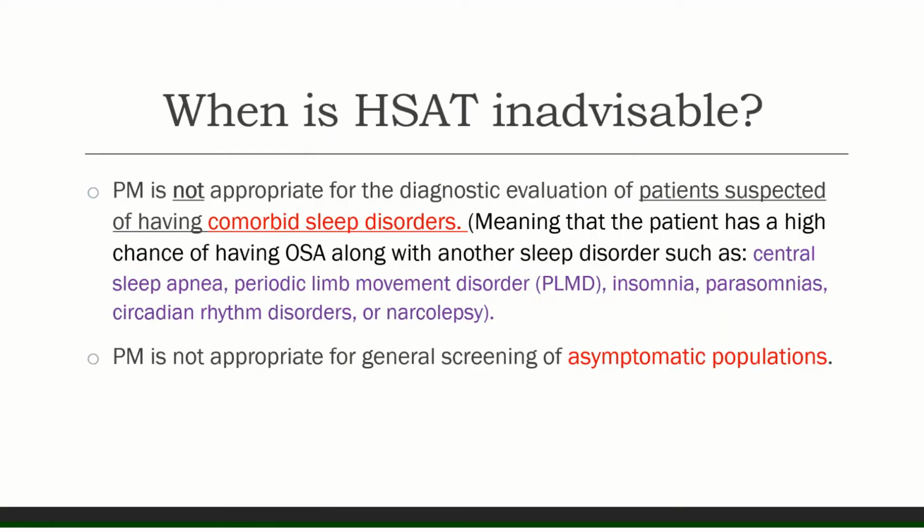All right, when is Hsat inadvisable? So when will we not use Hsat, aka portable monitoring? It's not appropriate for the diagnostic evaluation of patients that are suspected of having comorbid sleep disorders. So a comorbid sleep disorder is when a patient could have two different sleep disorders.